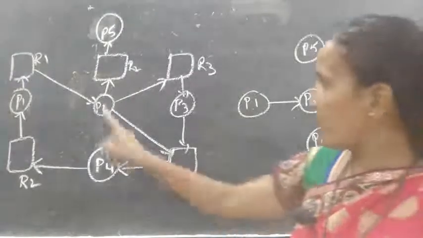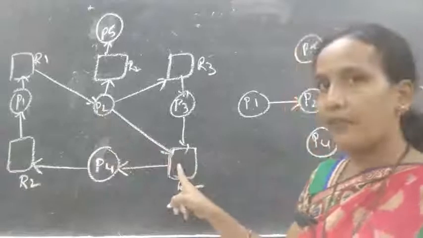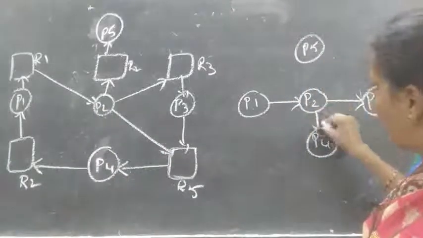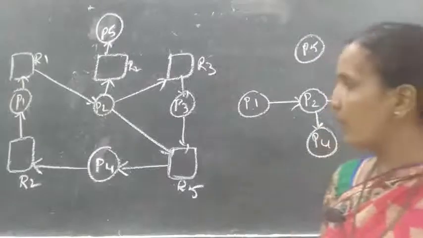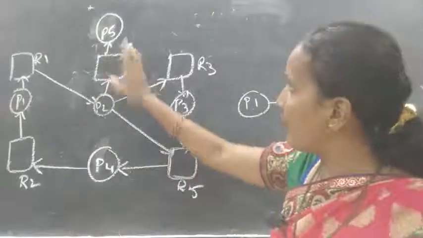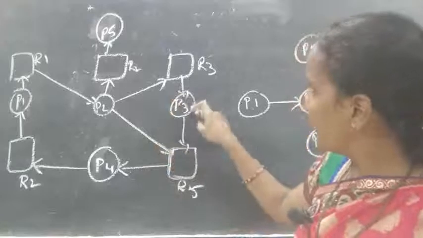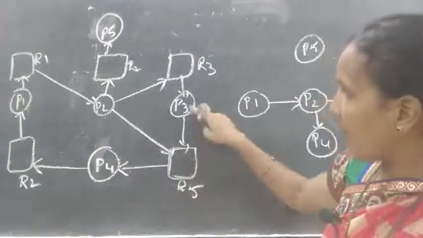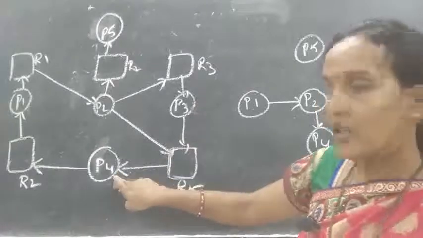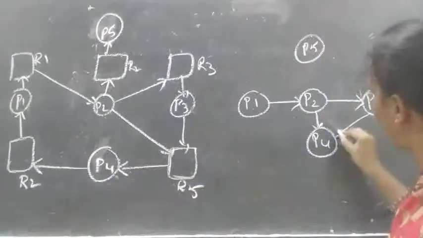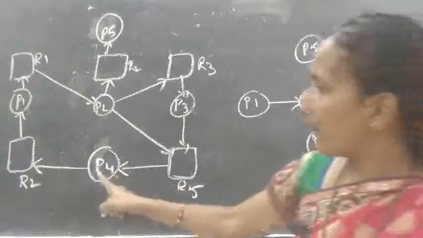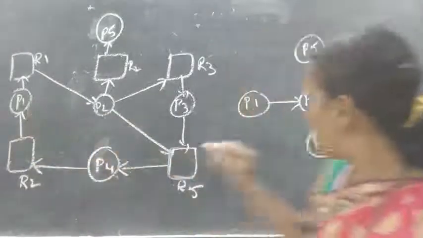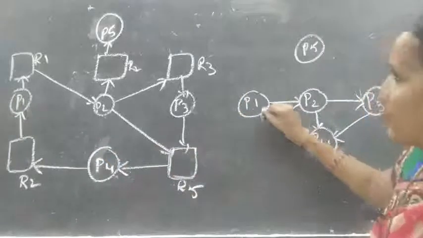Understood? Now, here P2 is requesting for R5 and R5 is with P4. Direct edge you can give. Understood? Next, P5. P5 is not at all related. Next, P3 is requesting for R5 and R5 is with P4. So, direct edge you can give. And P4 is requesting for R2 and R2 is with P1. So, direct edge you can give.